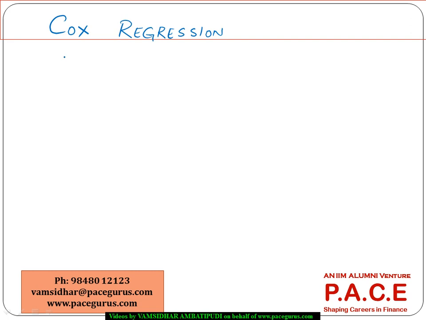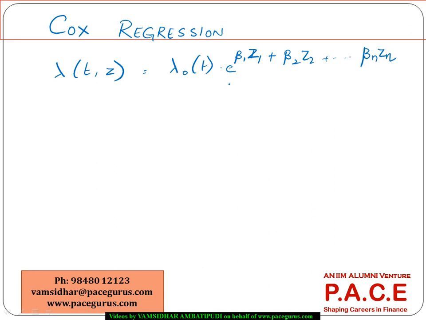Just like the generalized form, lambda of t with z as covariate, we are talking about lambda naught of t. But here, instead of directly taking some function of z, this clearly says to take e raised to the power of beta 1 z1 plus beta 2 z2, and so on. A vector of all the various covariates is taken as a part of e to the power.